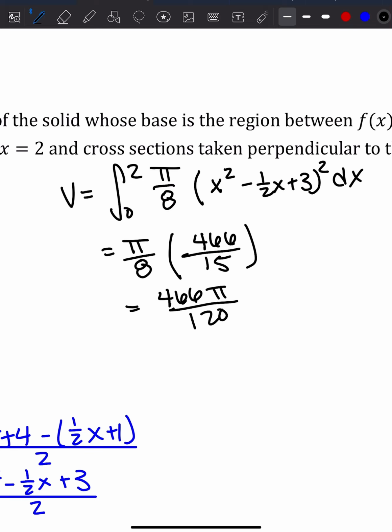If this is a multiple choice question and it's a calculator section, they'll probably give you the decimal, and we just need to decide pi or not pi being multiplied in. Otherwise, they might give us a fraction like this as an answer.